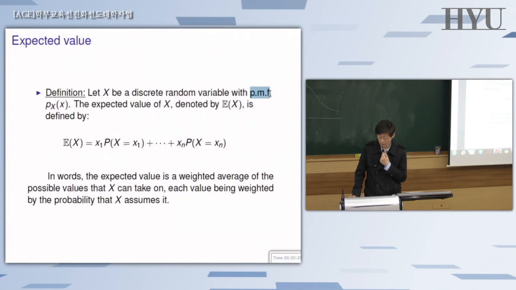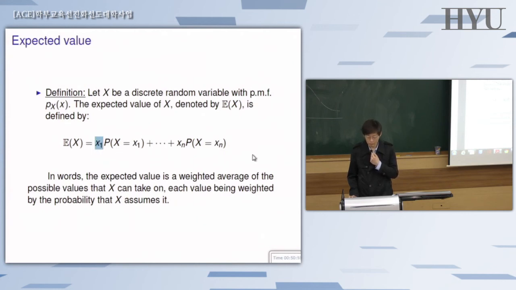Use the PMF, the same PMF that we have been dealing with in today's class. First, figure out all the possible values taken by X, the first x1, all the way to the very last xn. Using each corresponding probability, which is nothing but the PMF, multiply that probability by those realized values, and then add them all up.